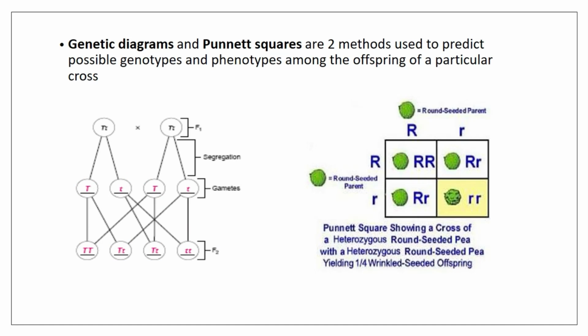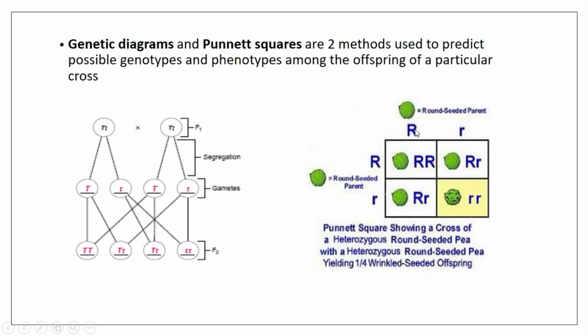Genetic diagrams and Punnett squares are two methods used to predict the possible genotypes and phenotypes among the offspring of a particular cross. So these are Punnett squares and these are genetic diagrams. For using these structures, first of all, we have to separate the gametes into maternal and paternal chromosomes, and we have to write them separately.